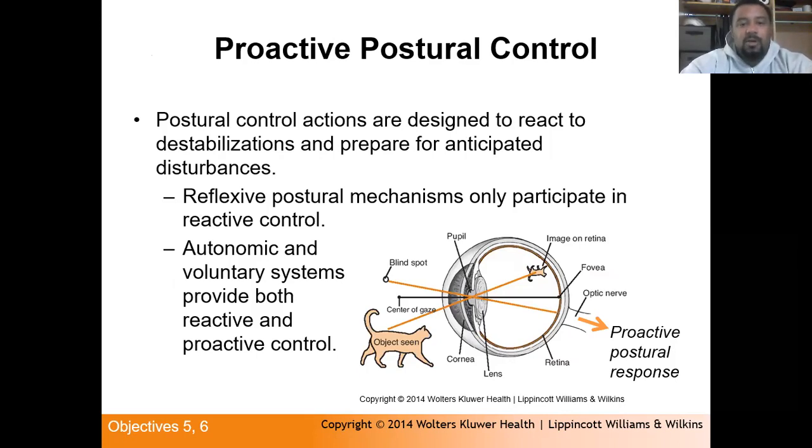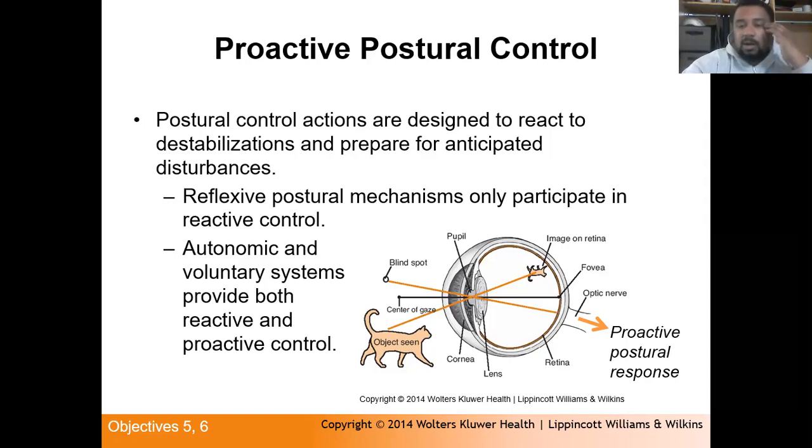Postural control actions are designed to react to destabilizations and prepare for anticipated disturbances. This is similar to what we were talking about before, how your body's reflexive posture mechanisms will only participate in reacting. So this is also you reacting to the things at hand. Put proactive and reactive together, and your body is basically proactive and your body reacts together.